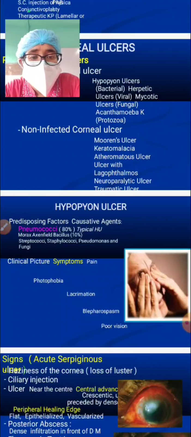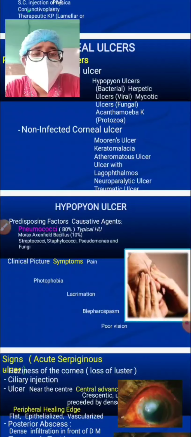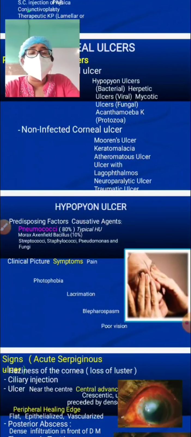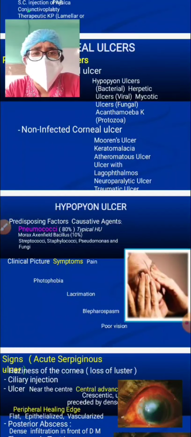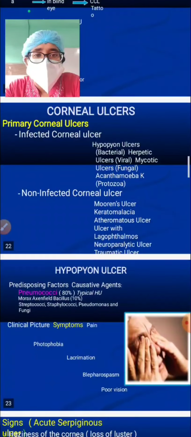So, which bacteria typically cause hypopyon? You can see streptococci, staphylococcus, and pseudomonas, and the fungus also causes hypopyon corneal ulcers.